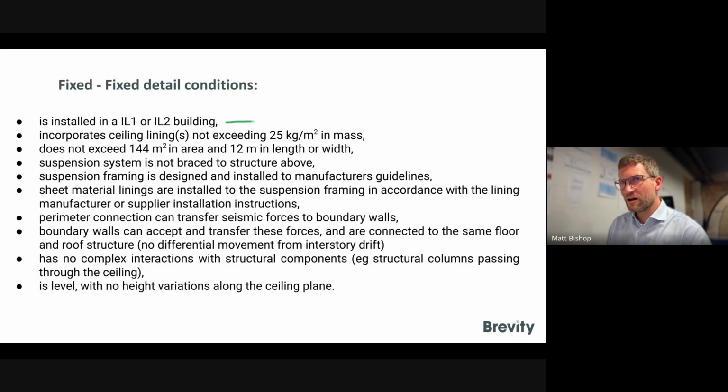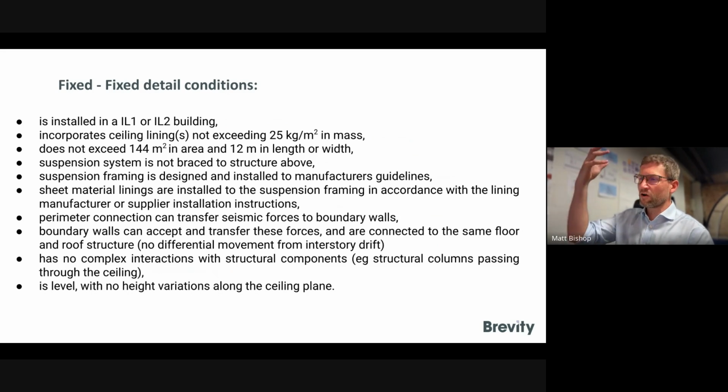Essentially, we're limiting this detail to projects where we know we don't have complex loading or importance level issues, to a specific mass, so we're not talking about heavy, to areas that don't exceed the natural expansion joint lengths or restrictions of plasterboard anyway, to systems that aren't braced, to systems that are suspended to manufacturer's guidelines, both in the suspension framing and the material linings, to walls that aren't too weak, to ceilings that aren't complex in the way they interact with the rest of the building.